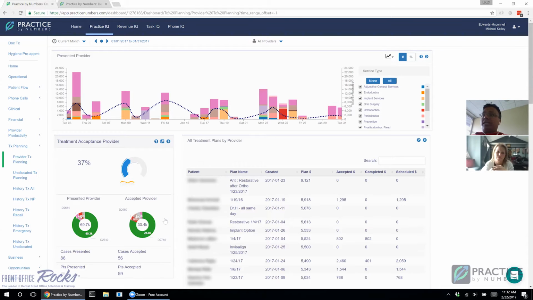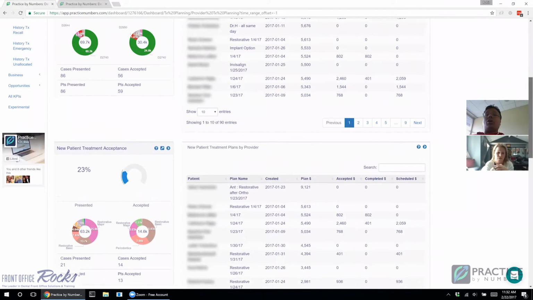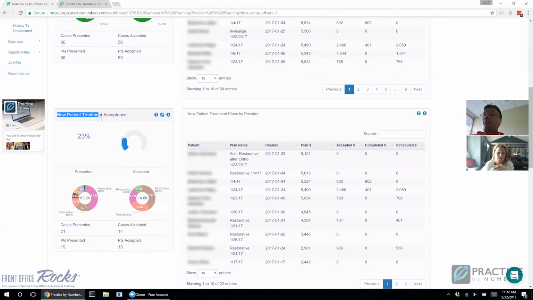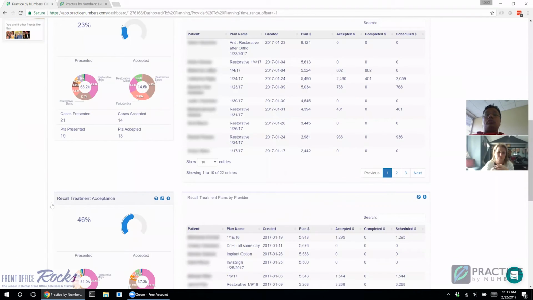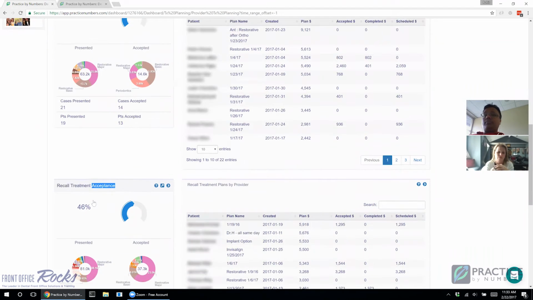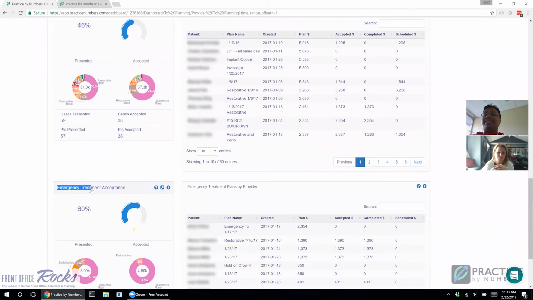Do you have a higher rate in new patients versus existing patients versus emergency patients? If you scroll down further on this page, it splits up the rate in new patients, recall patients, and emergency patients.